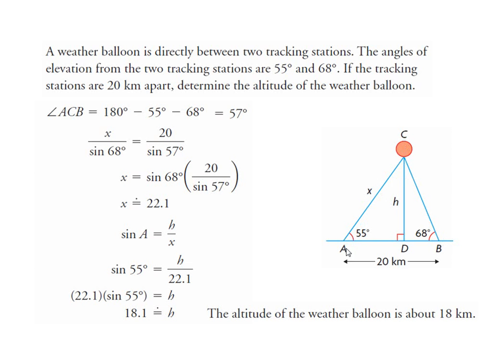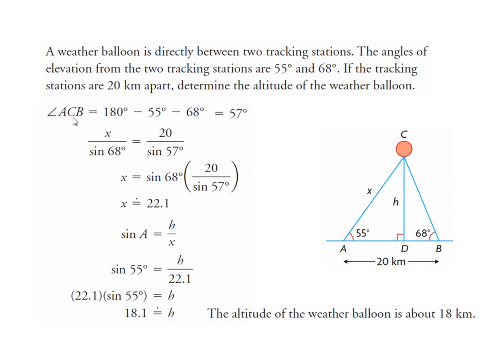Use three capital letters to name an angle. Angle ACB. You can also call it angle BCA because they mean the same. The only requirement is that the vertex, the letter C, should be in the middle of the three letters. So angle ACB means this entire angle.